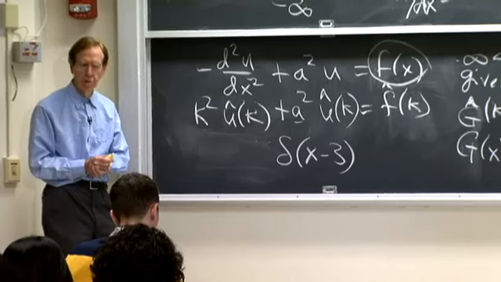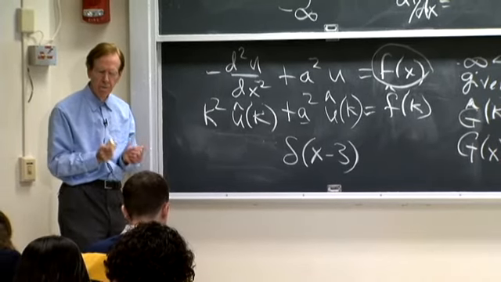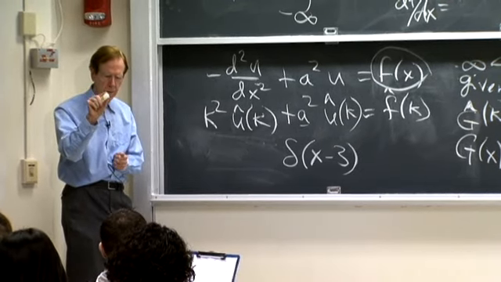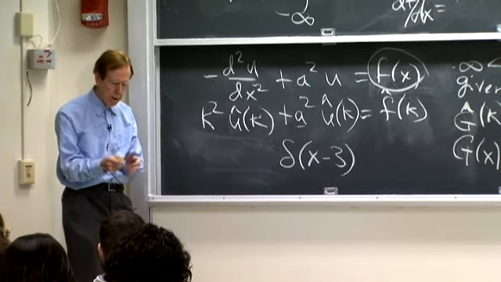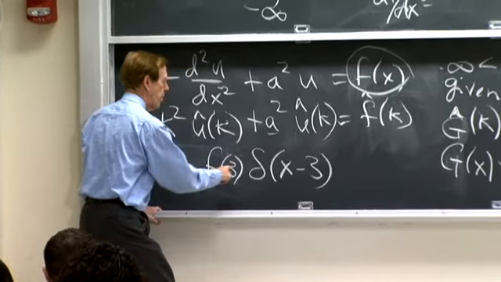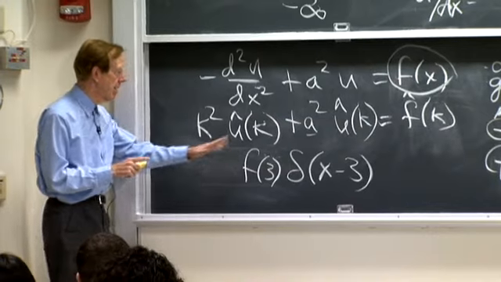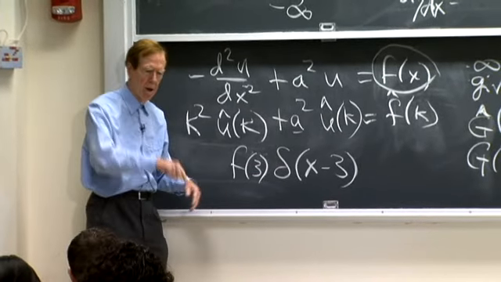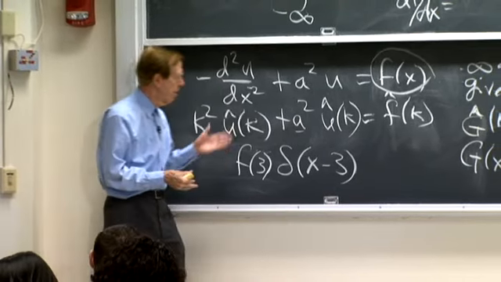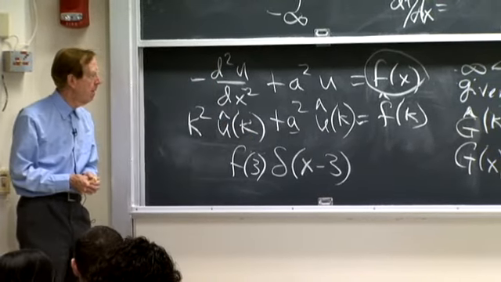F of 3. Whatever f is at that point, x equals 3, that's the amount I need there. So this would be f of 3. So that part would have the right punch at the point 3.